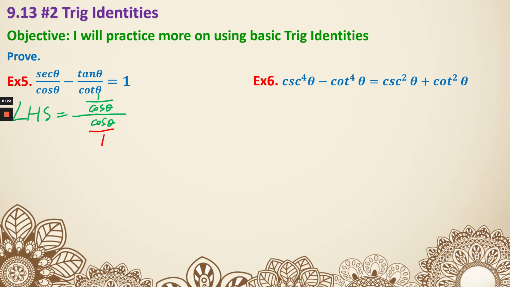I'm going to rewrite the second part, which is minus sine over cosine, whole thing over cosine over sine. If you actually want to do what we did before, you may need to have the same denominator or the same numerator so that you can just cancel them out. However, in this question, none of them is like that.